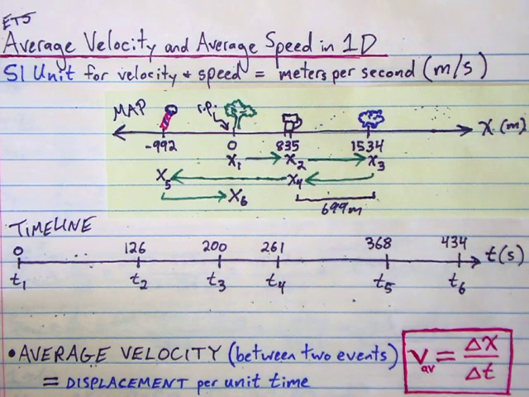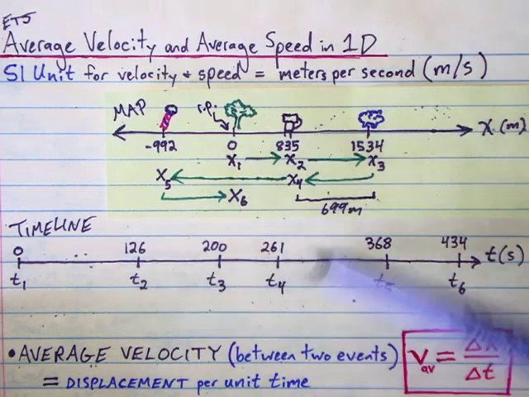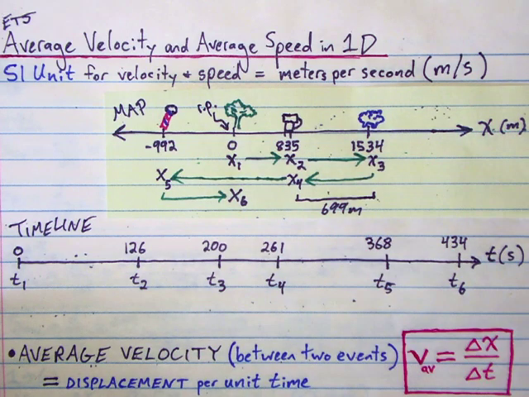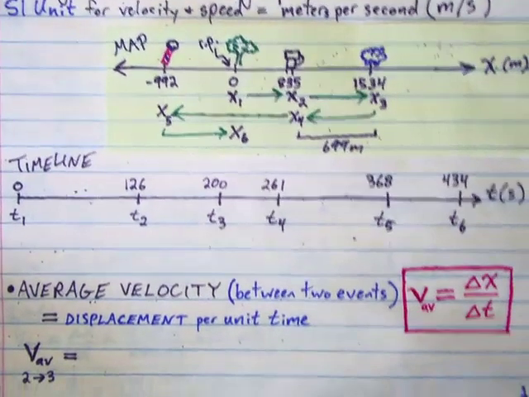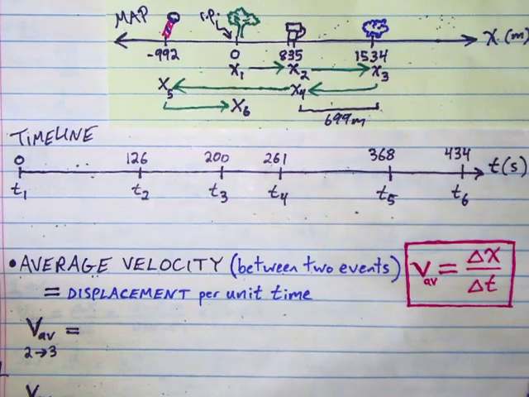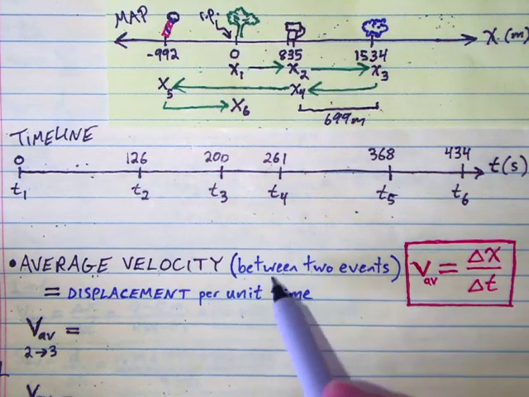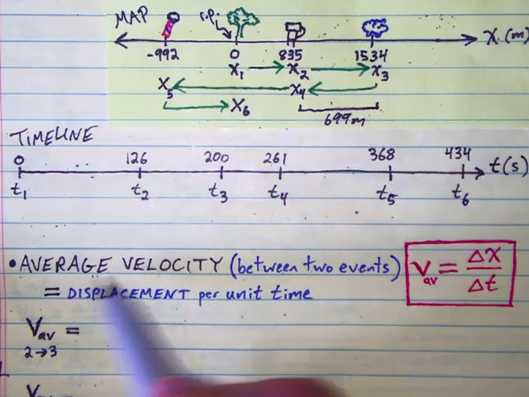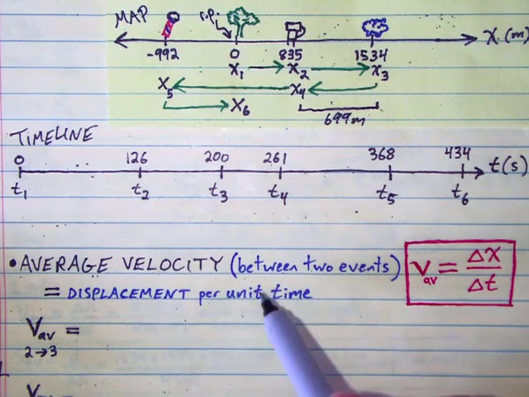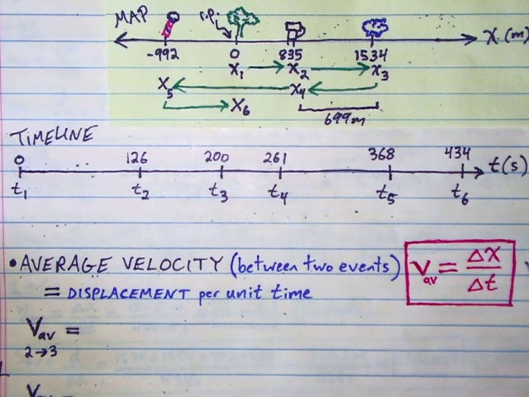Okay, so once we combine a map with a timeline, we can have information about the motion of the object during that time. And we want to define this idea, average velocity, between any 2 events. Any average that you ever take has to be between 2 different events.